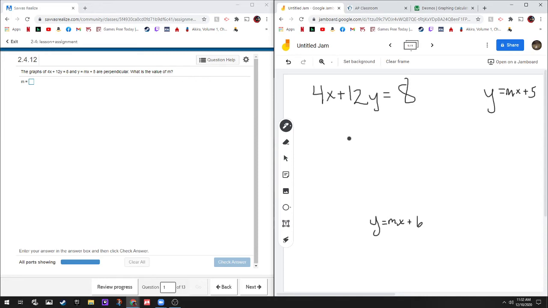One of the things you might notice is that when we're in standard form, x and y are on the same side. In slope-intercept form, x and y are on different sides. So the first thing I want to do is get the x over to the other side. The way that I am able to move it is using solving moves.